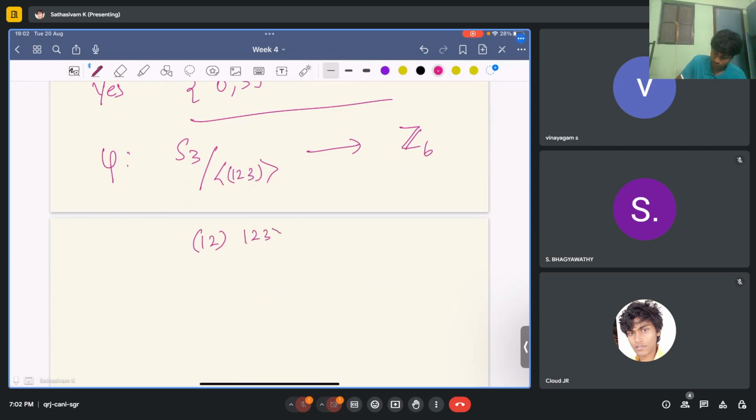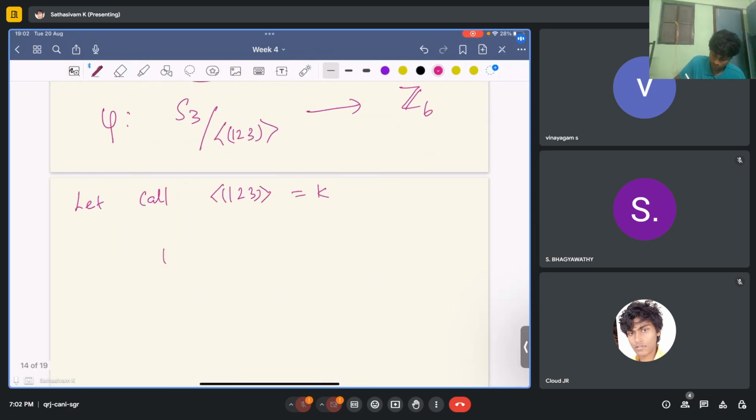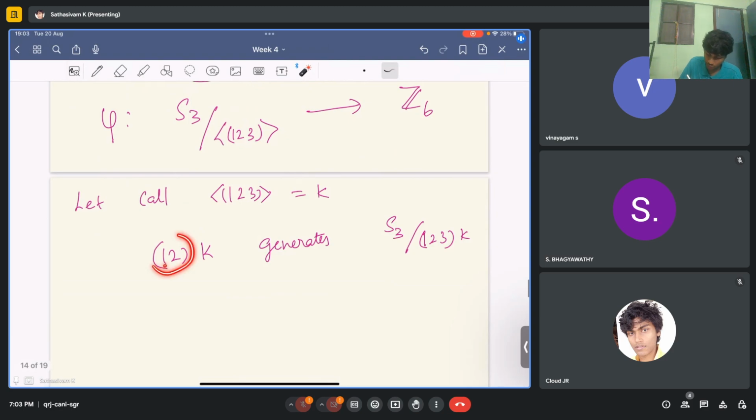In fact, let me call {1, (1 2 3), (1 3 2)} as K. Then what you can observe is this (1 2)K generates the quotient. Why is that the case? First of all, observe that (1 2) does not belong to K, so (1 2)K is a non-trivial element in this group.